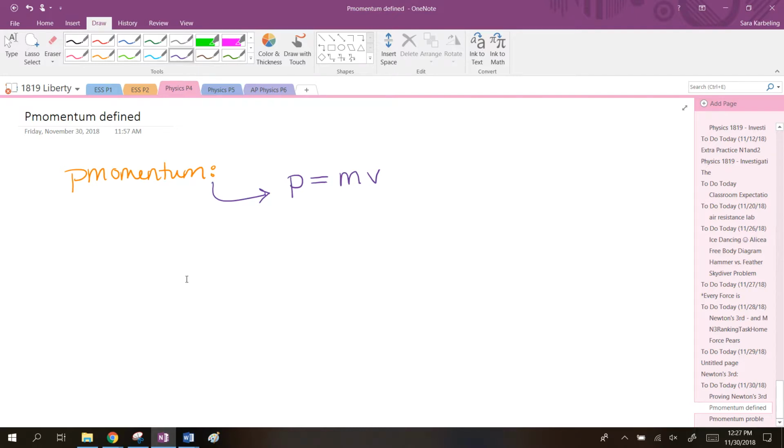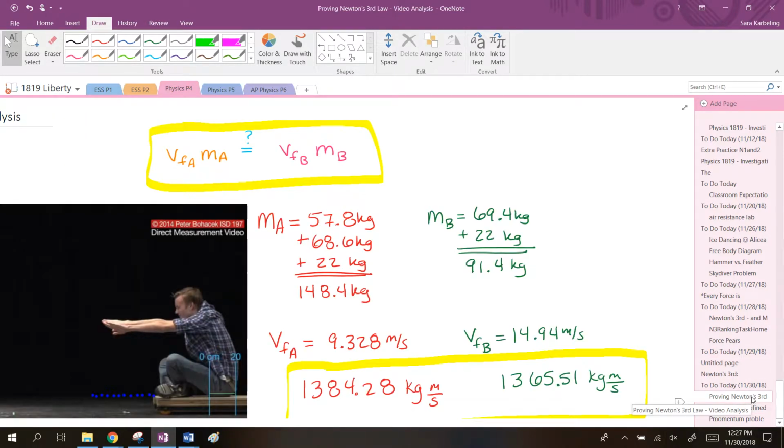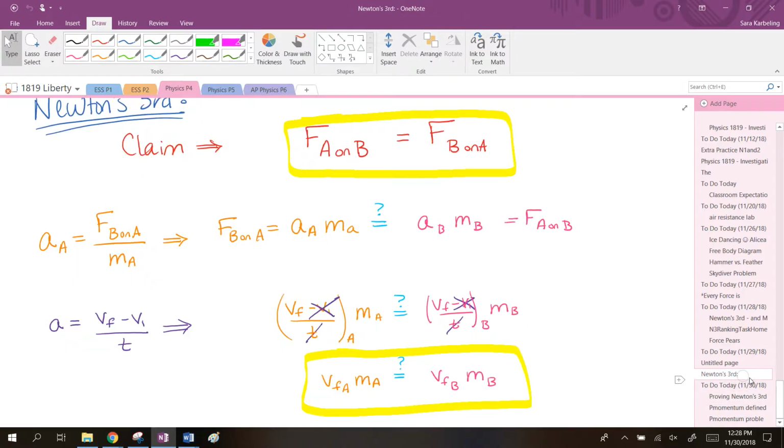So I'm going to go back here if I can. We said that this had to be true if the forces were the same, right? But I'm going to add in a little bit more information to this. Because the thing that we assumed, going way back here, is that these initial velocities were zero. The funny part of this, you guys, is that the initial velocities don't have to be zero for this to be true.